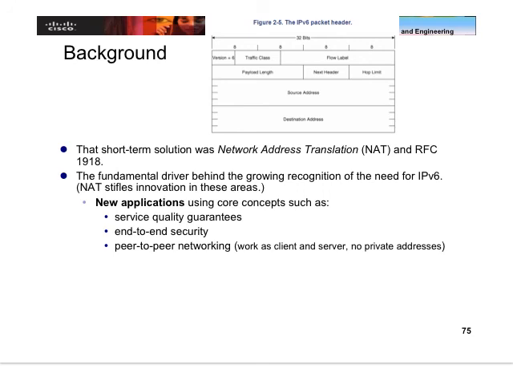So IP version 6 as well tries to solve some of the problems of IP version 4 fundamentally. One problem is quality of service. Quality of service has been one of the problems of IP version 4, so IP version 6 tries to solve that.